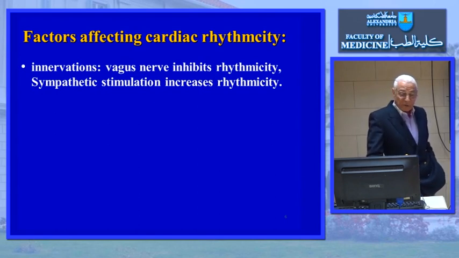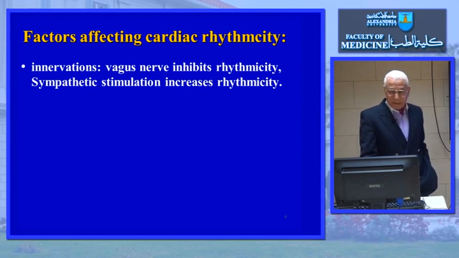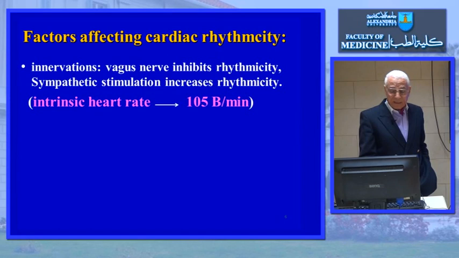Under basal conditions, both have what is known as vagal tone and sympathetic tone, but vagal tone takes the upper hand, and so it decreases the intrinsic heart rate from 105 down to 70 or 72 beats per minute.